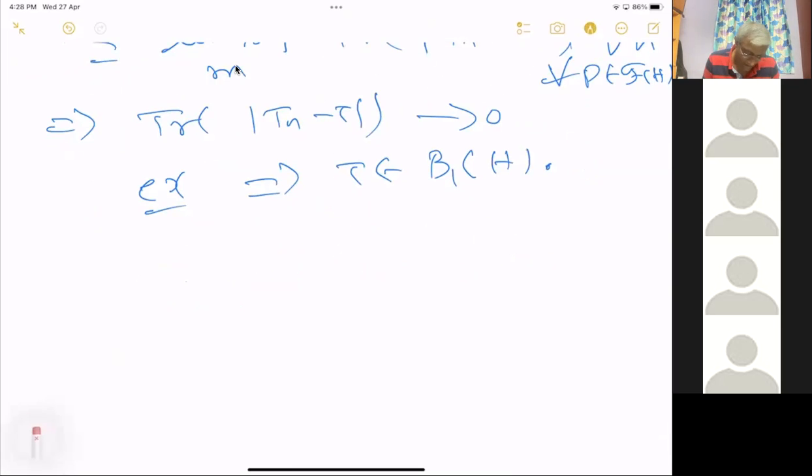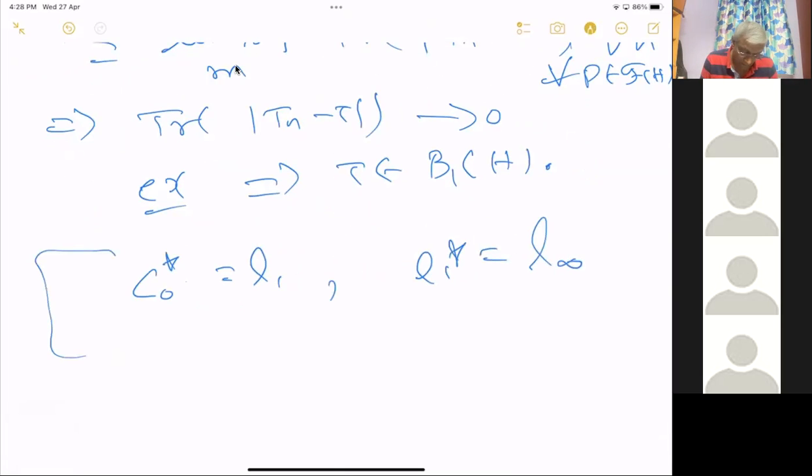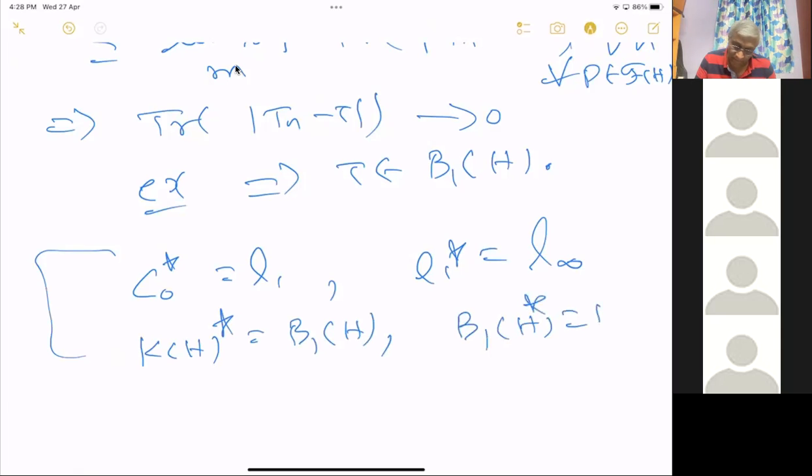It is precisely the analog of this: c0, the space of all sequences converging to 0, has dual l1. And l1 star equals l-infinity. So this translates here. The analog of c0 is K(H), the sequences converging to 0. Its star is B1(H). And B1(H) star equals B(H).